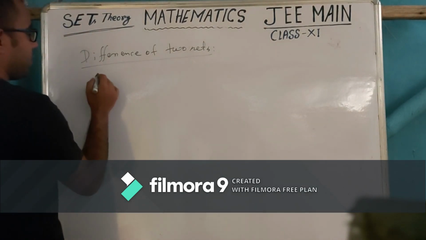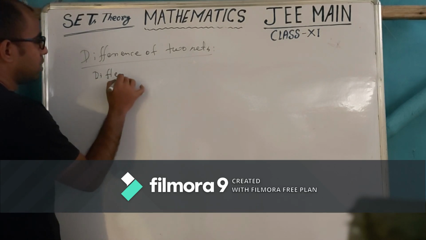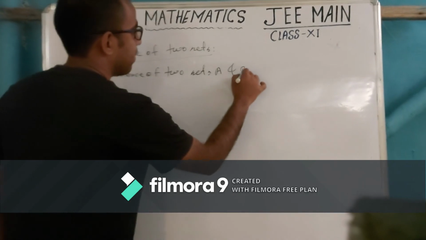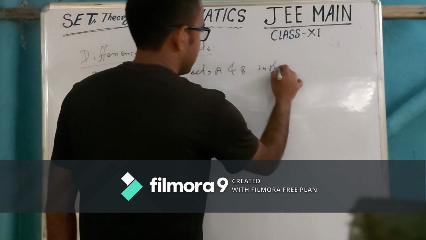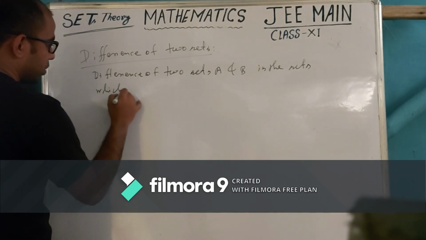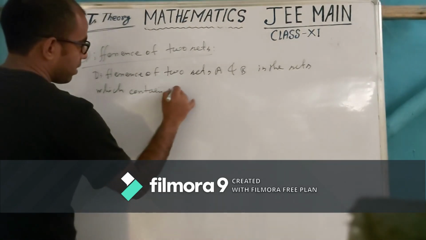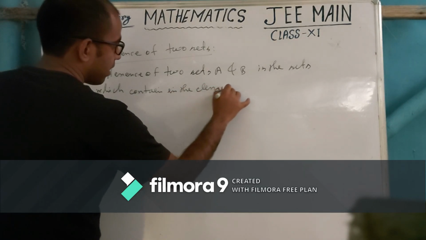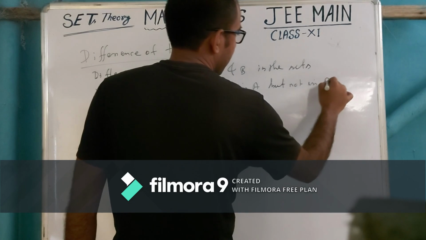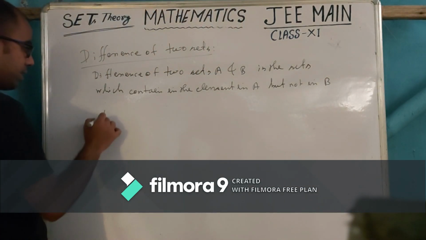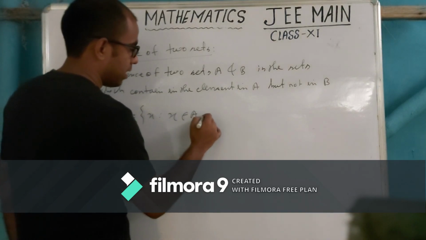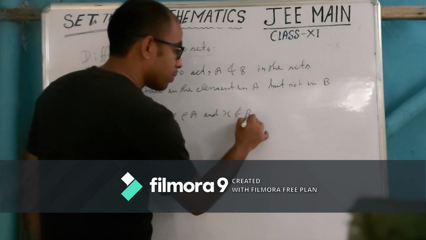So the definition. Difference of two sets A and B is the set which contains the elements in A but not in B. So symbolically we write A minus B, that means {x such that x belongs to A and x does not belong to B}.